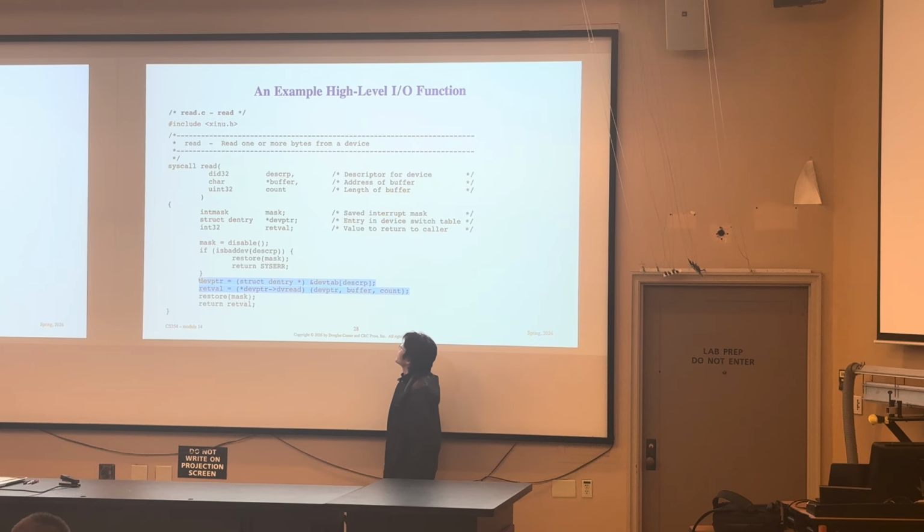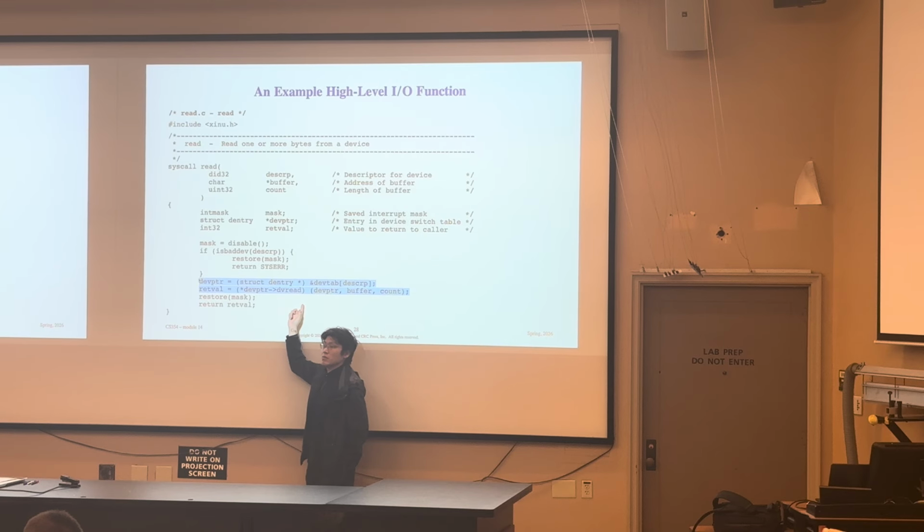Okay. So using this high-level I/O function, what does it mean? The user application does not need to worry about which specific hardware function to invoke. It doesn't matter which device the user application wants to read from. It always calls read with the device ID and the buffer. Whether I want to read from the keyboard, from disk, or from some other devices, I always use the same interface, which is read, device ID, buffer, and the length of the buffer I want to read.